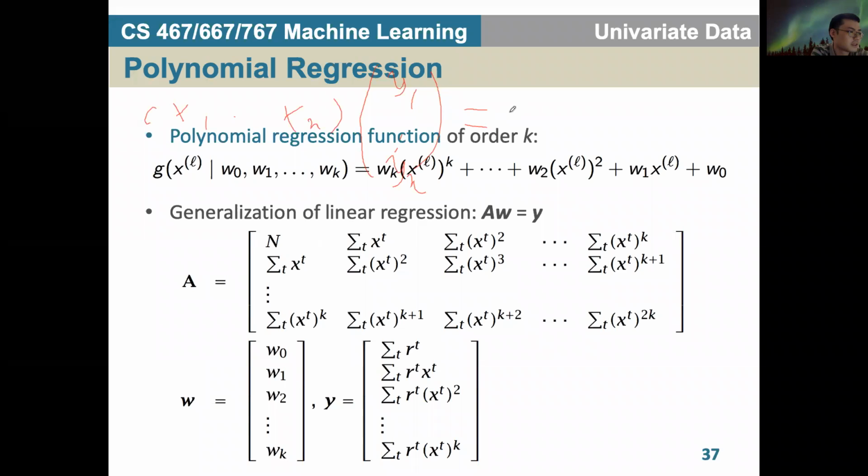This is the inner product: x1 times y1 plus x2 times y2, and so on. The outer product is something different. If x is a column vector, the inner product is x transpose times y, while the outer product is x times y transpose.